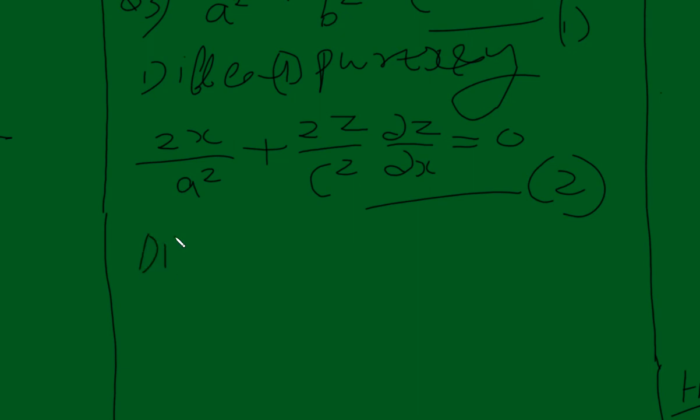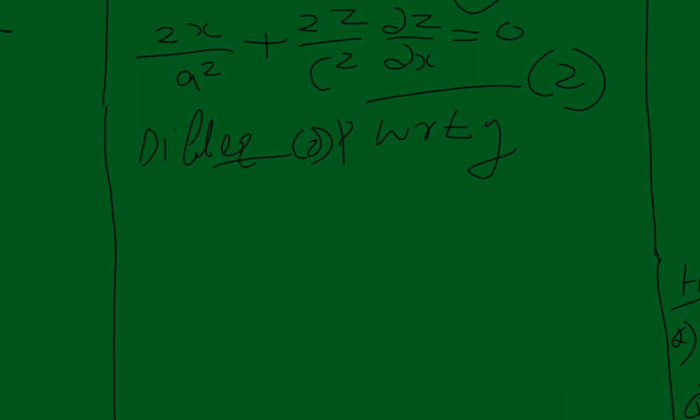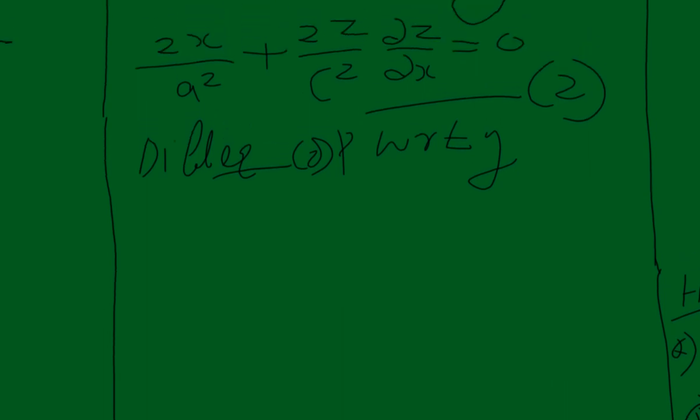So here we differentiate equation number 2 partially with respect to y. What will we get when we differentiate equation number 2 with respect to y? The first term will be 0, since 2 by c square is a constant.